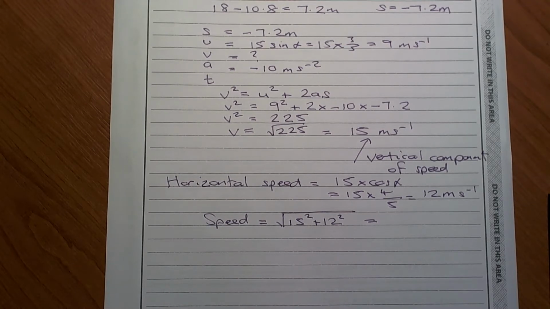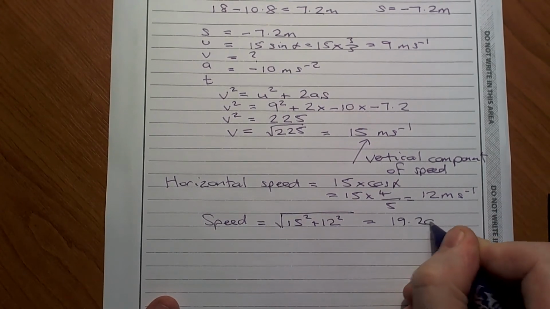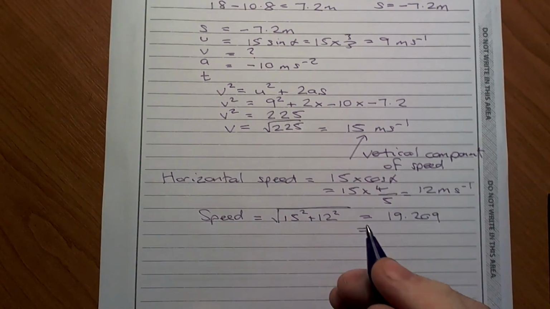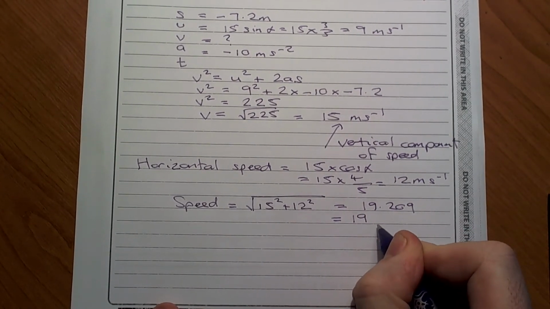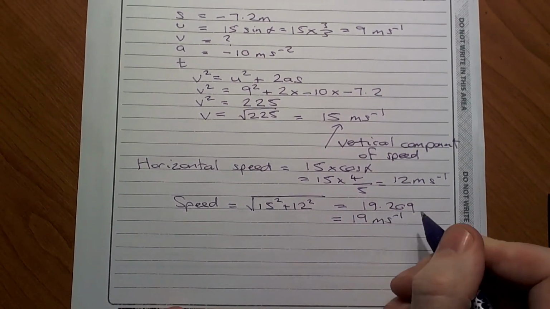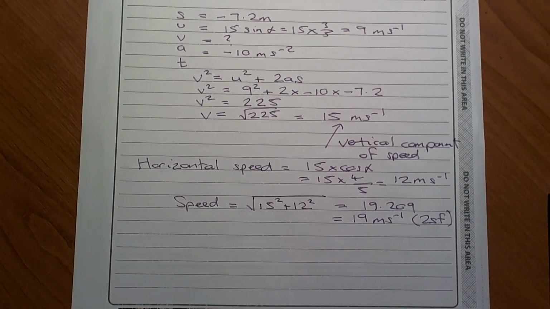We do that on the calculator and we get 19.209. They asked for it to two significant figures, so that's going to be 19 meters per second to two significant figures.